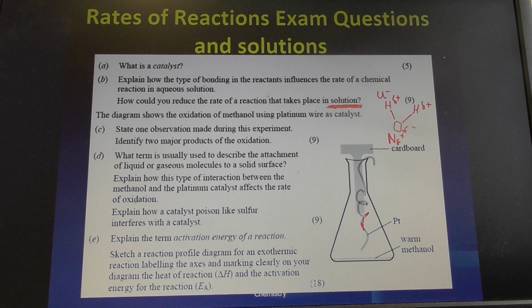observations there. State what two major products of the oxidation. Methanal is probably the biggest one that we do have to remember. It's methanal, as in methane, and then it ending in AL as opposed to OL.